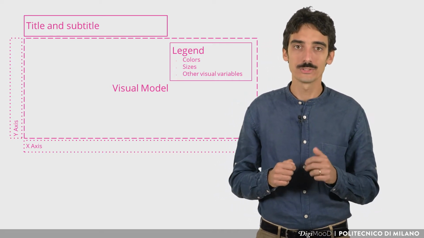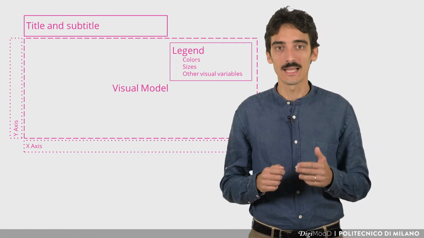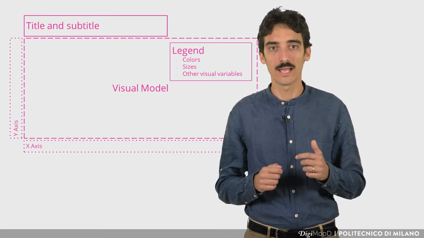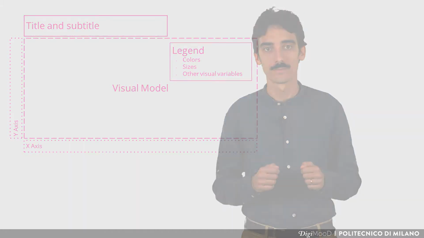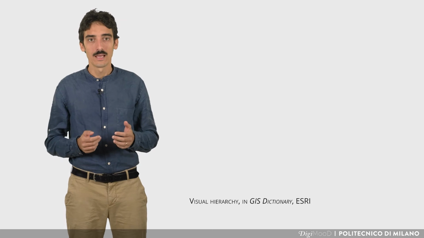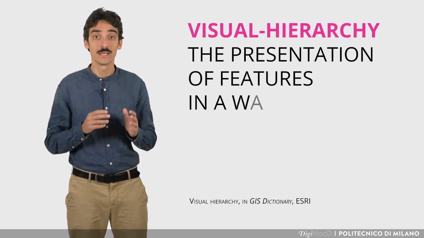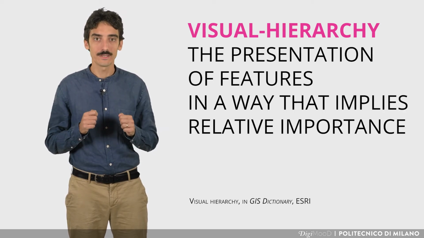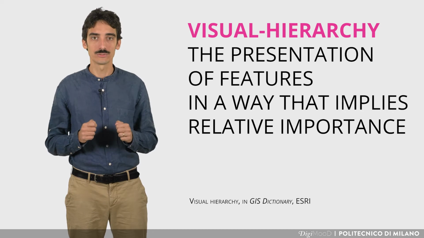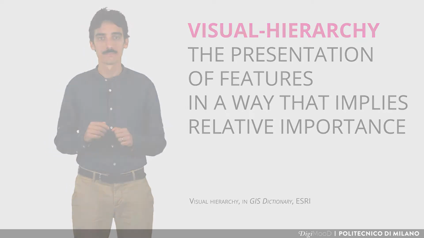It's important to use them together with the visualization itself to design outputs that are not flat but characterized by a visual hierarchy. In cartography, a visual hierarchy refers to the presentation of features in a way that implies relative importance. Visual hierarchy is a good strategy to create entry points into a data visualization.